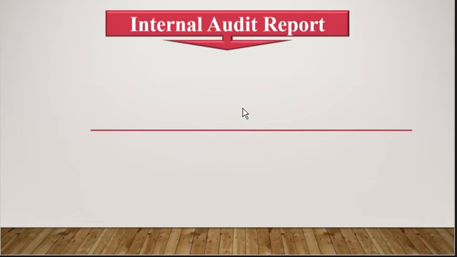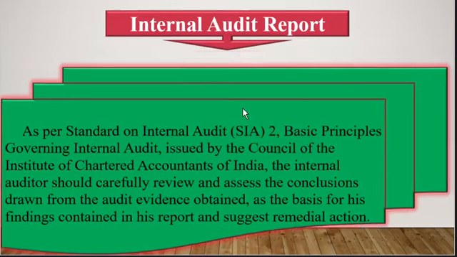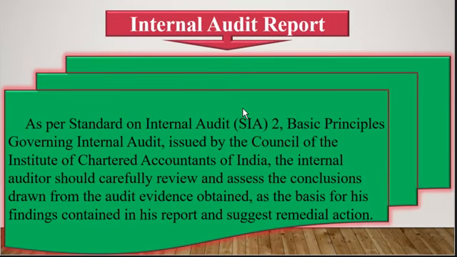Friends, as per the standard on internal audit, that is SIA 2, basic principles governing internal audit, issued by the Council of the Institute of Chartered Accountants of India, the internal auditor should carefully review and assess the conclusions drawn from the audit evidence obtained as the basis for his findings contained in his report and suggest remedial action.